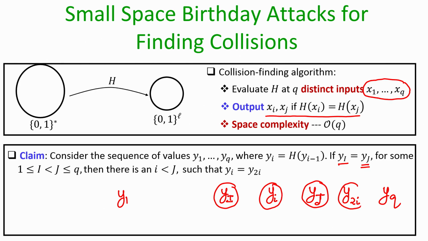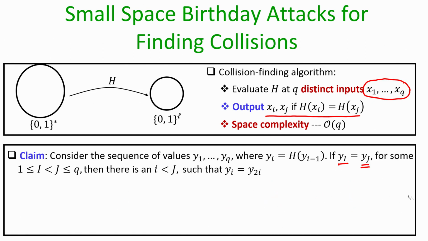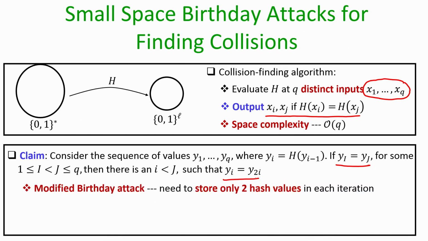That constitutes a collision for you. That is the claim here. I am not going into the details of the proof of this claim, but you have to believe me that if we have computed the y values like this and this condition holds, then the other condition holds as well. And that gives you an idea of how to find a collision with constant space complexity.